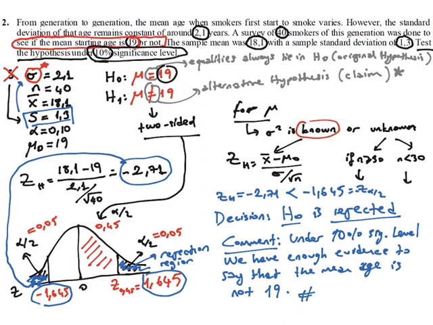So how? Let's open another sheet. We know that sigma is 2.1, we know that x bar is 18.1, we know that N is equal to 40, so alpha is equal to 0.10.